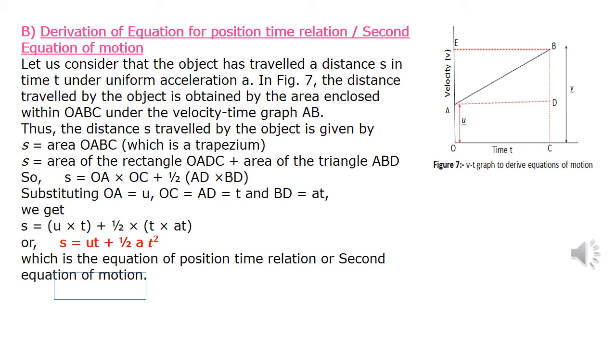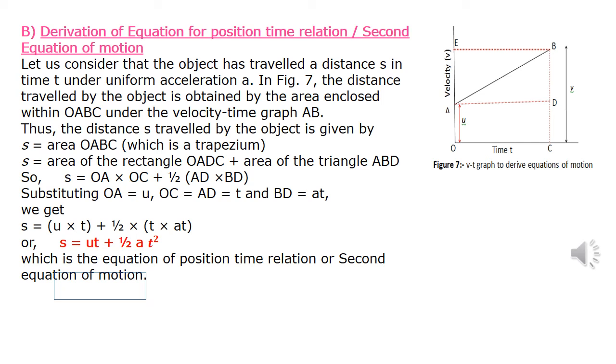So we have to find the area under the line AB. Here the total area of AOCDB is equal to the area of the rectangle AOCD and the area of the triangle ADB.